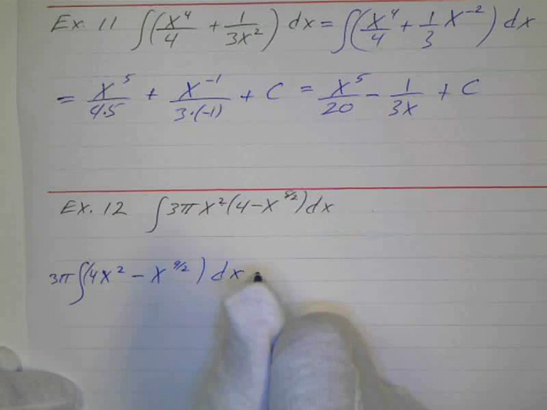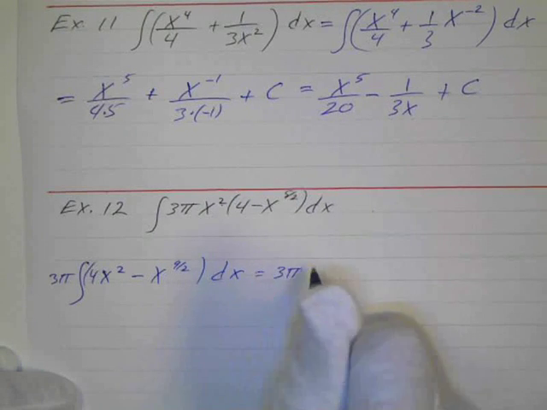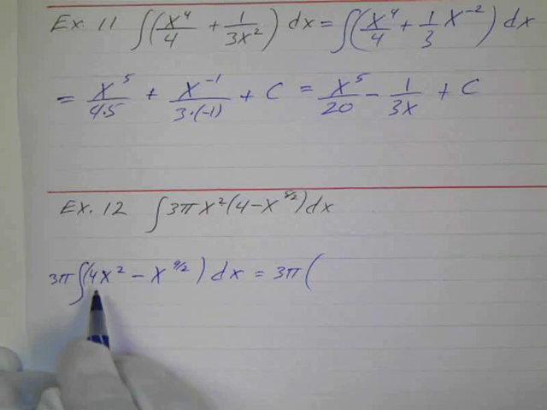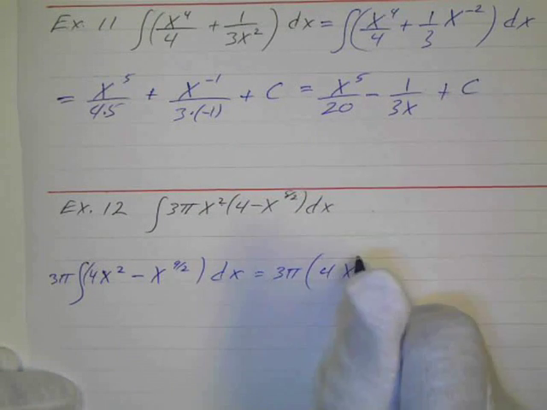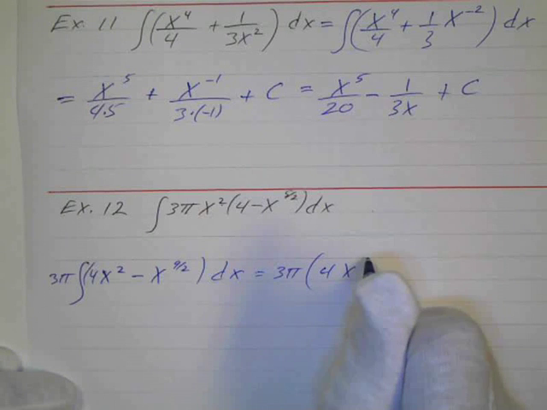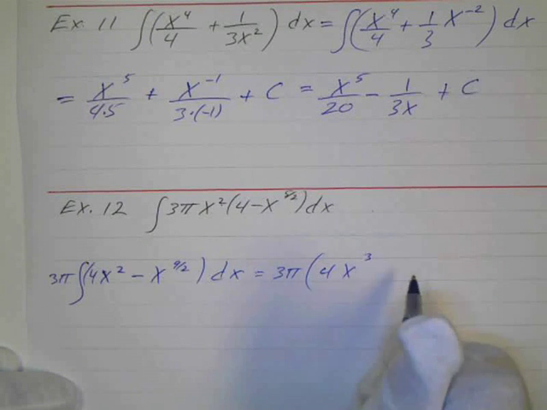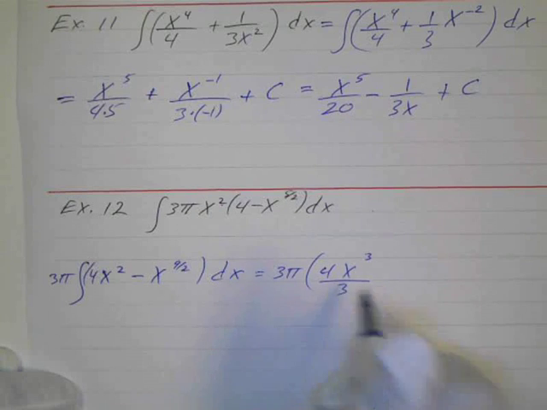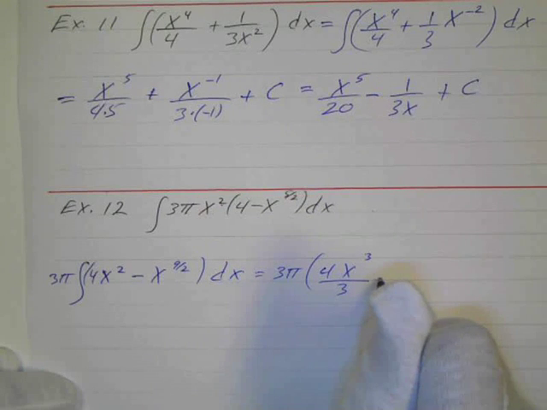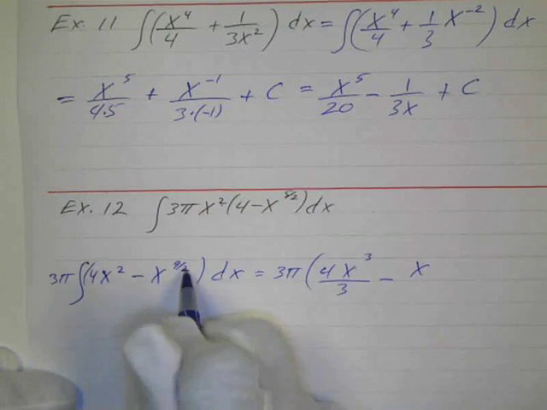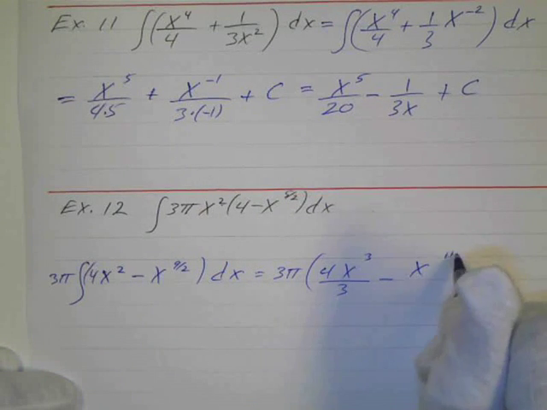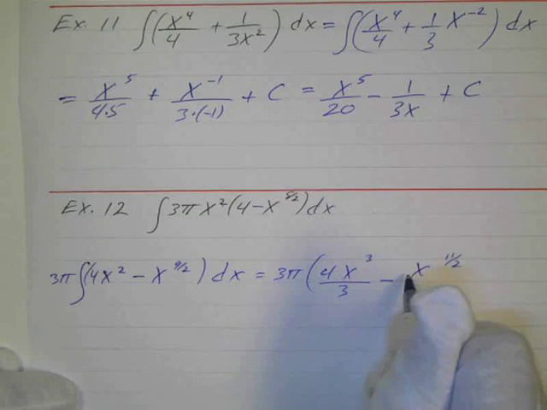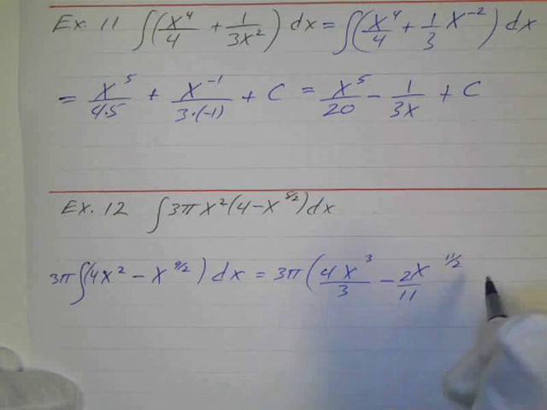So this is going to be, again, 3 pi times, and then this is going to be 4. If I add 1, x to the 3 divided by 3, and then minus x to the, if I add 2 halves to 9 halves, 11 halves, divided by 11 halves or times 2 over 11.